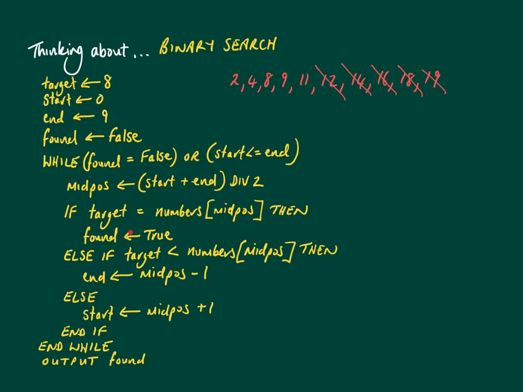So we set found to true, and we go back to our while loop, and now found equals false is not true. That results in a false. But start is still less than or equal to end. So there's a bit of a logic problem with this one.